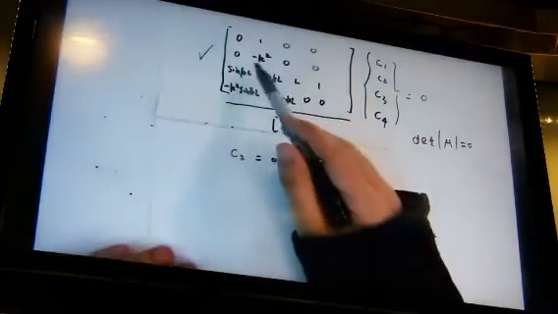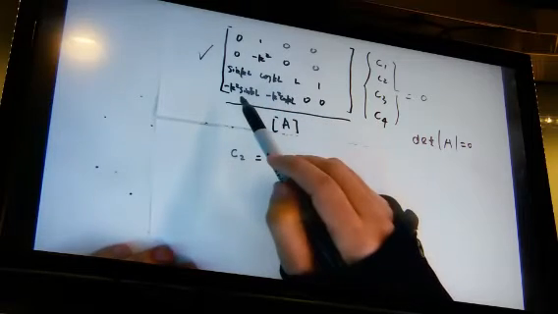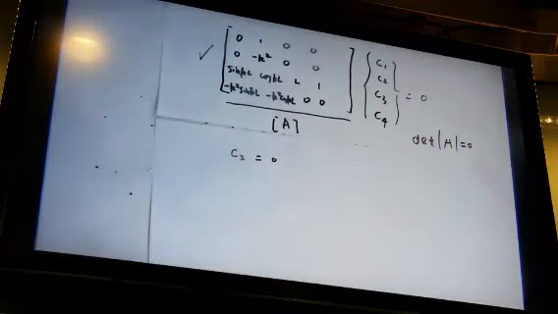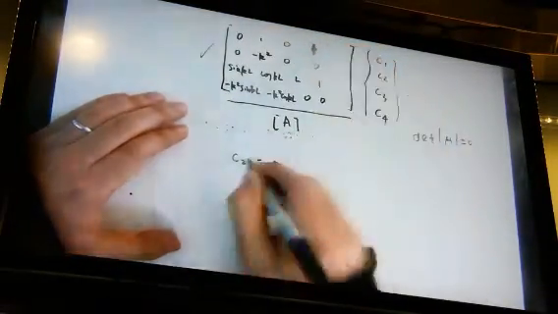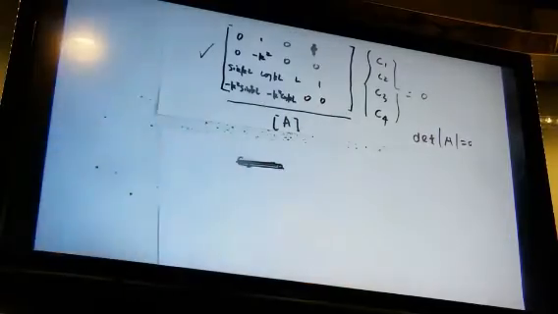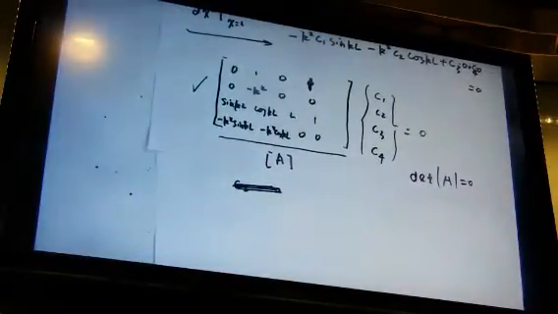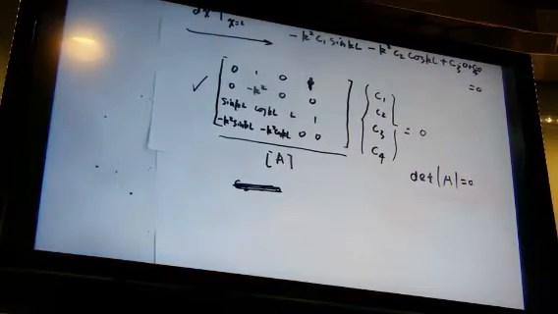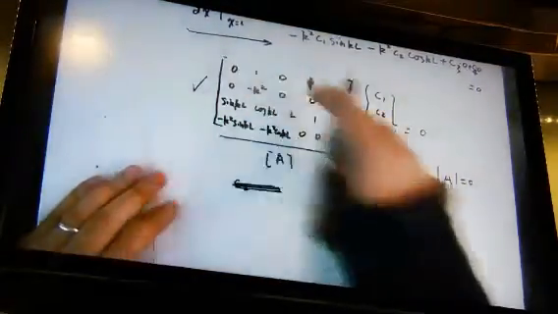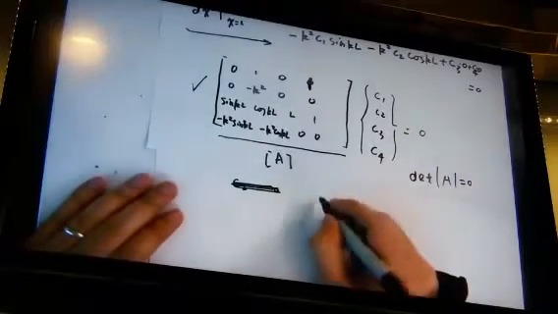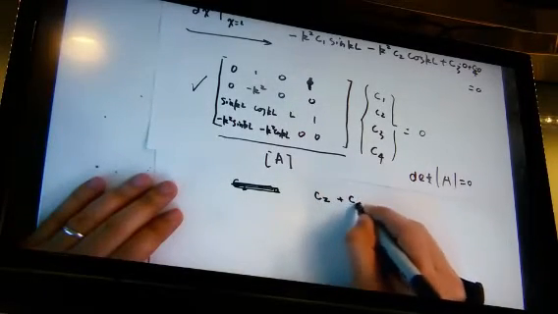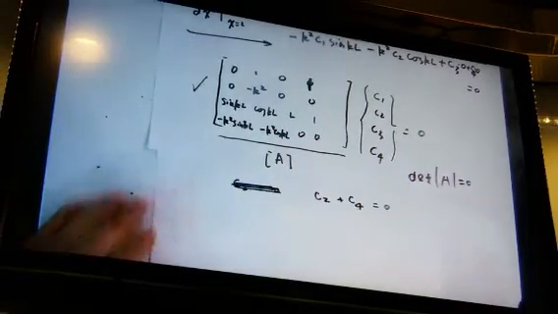Right? And then you use the second. There's a 0 here, sorry. So the first row, I made a typo last time. The first row should be 0, 1, 0, 1, not 0, 1, 0, 0. So if you use the first row times the first column, you will get C2 plus C4 equal to 0.